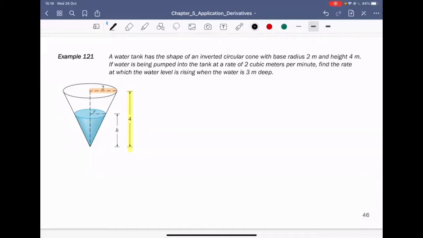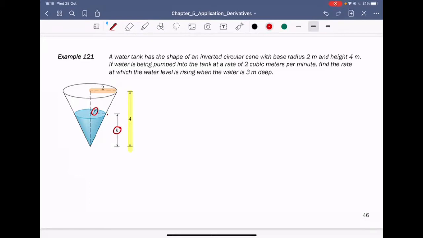This question is a little more complicated because you have more than two variables simultaneously. You have h, the height of the water at time t. You have r, the radius of the water level at time t.